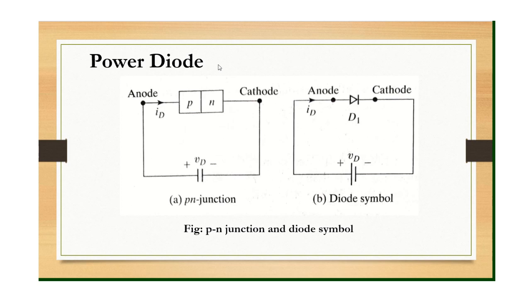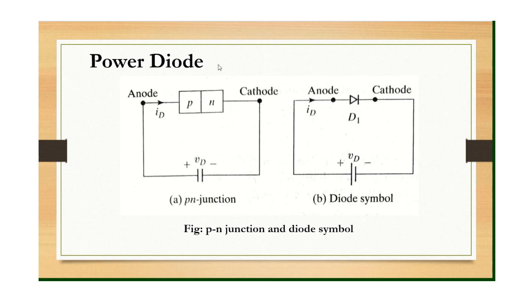And we know across a diode there will be some minimum voltage drop. For silicon it is 0.7, and for germanium type of diode it is 0.3. So why is this voltage drop? It mainly depends on the manufacturing process and the junction temperature, because of which you will always have some minimum voltage drop across the device when it is conducting.